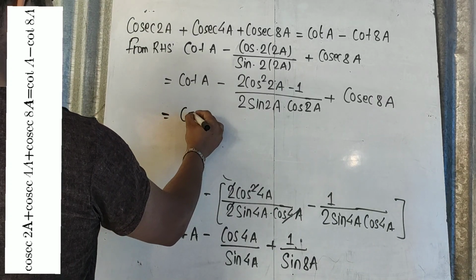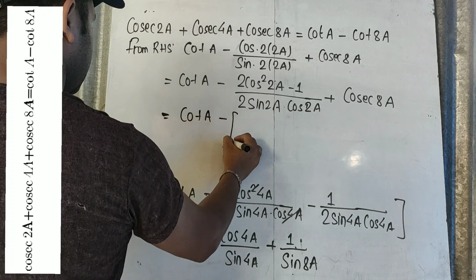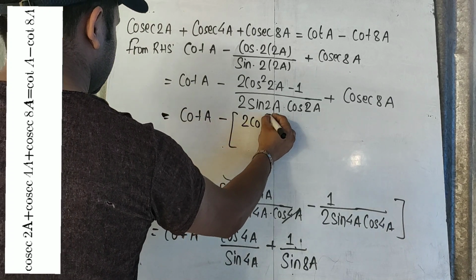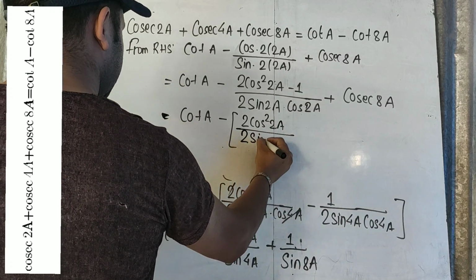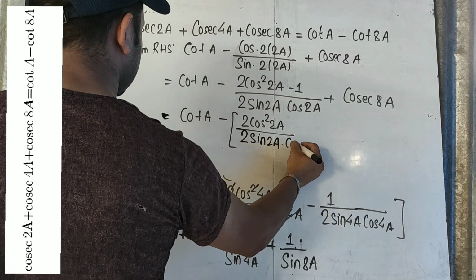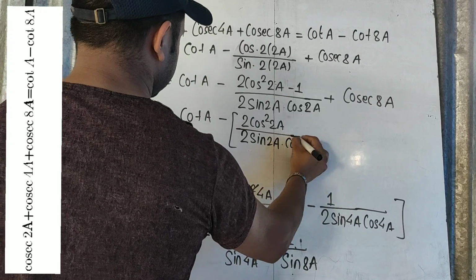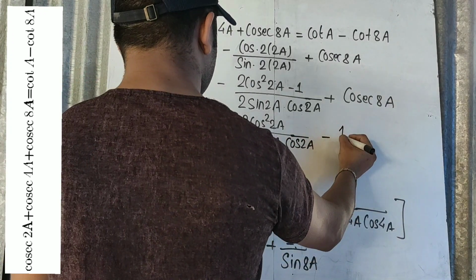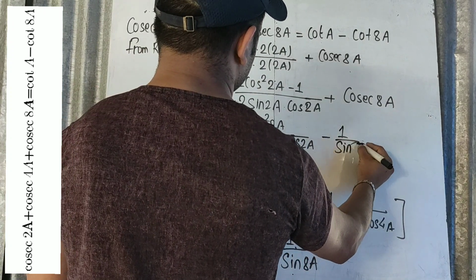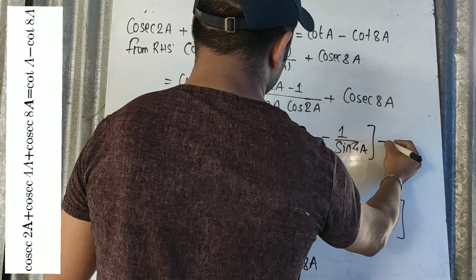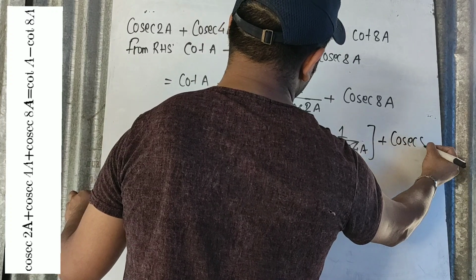Now we segregate the denominator. 2 sin 2a cos 2a minus 1 by 2 sin 2a cos 2a is sin 4a. You can write it directly, plus cosec 8a.